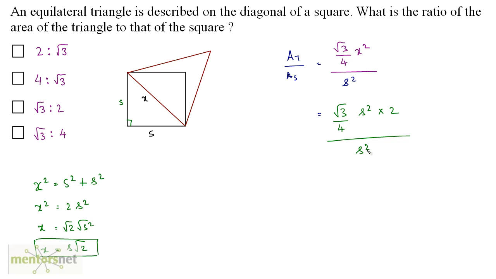Divided by S square. So S square gets cancelled out. We have root 3 times 2 by 4. 2 times 2 is 4. So root 3 by 2. So the ratio is root 3 is to 2. So we have the answer. Option C.